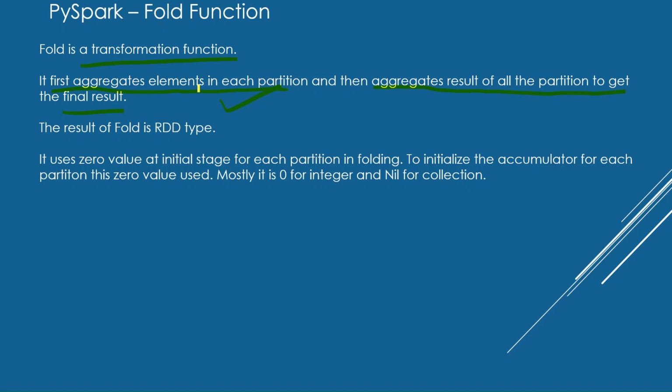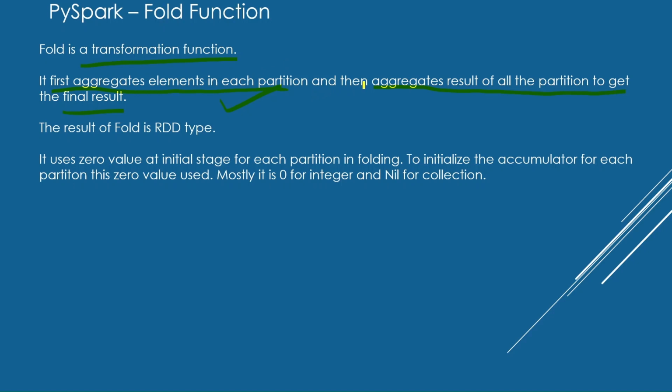It will sum the elements which are present in the partition and produce one output. So 10 partitions are there, the fold function will apply the sum on each partition, and we get 10 results, one result for one partition.